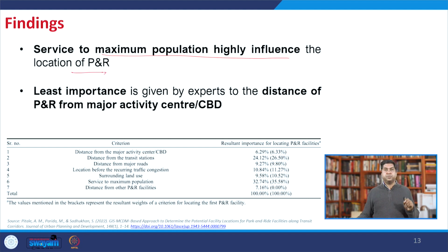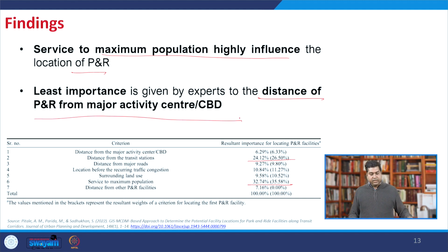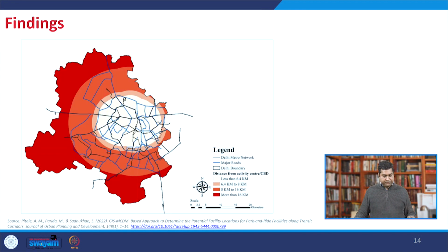This is perceived as the most important criterion, followed by the distance from transit station. The least important, as given by experts, is the distance of PNR from the major activity center or CBD, which we consider should be away from that particular CBD.